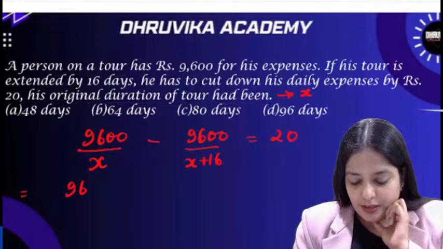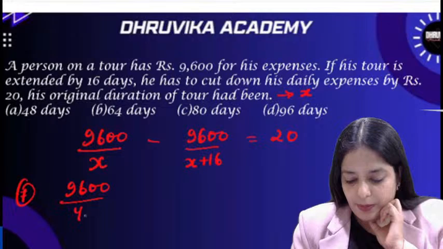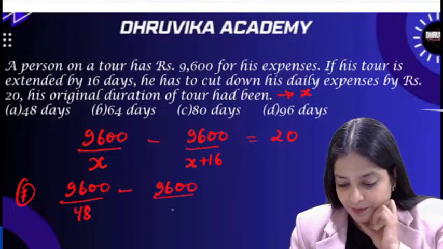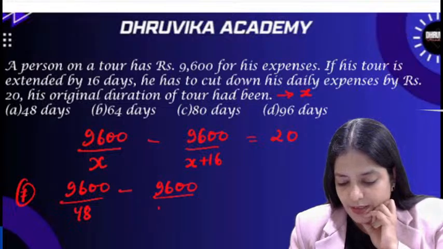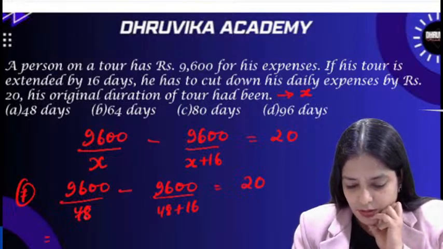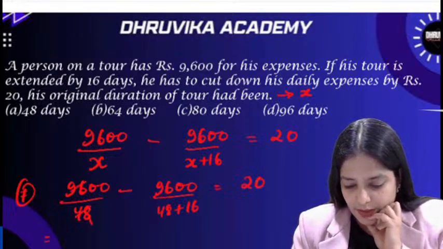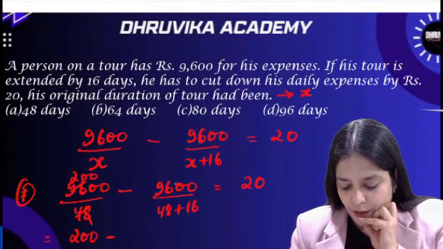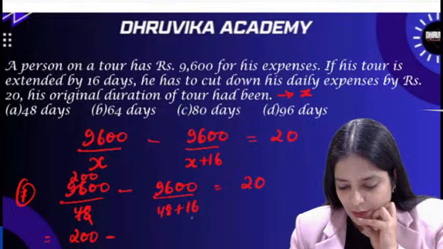Okay, so let's try the first option. If I put 48 in place of x, we have 9600 divided by 48, which is 200, minus 9600 divided by 48 plus 16, that is 64.